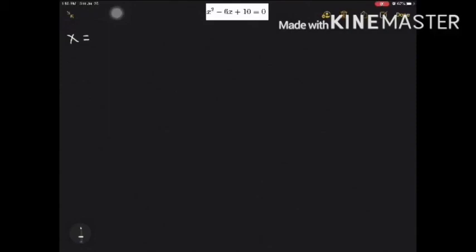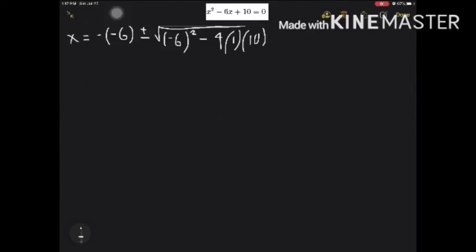So negative b is our negative 6, plus minus the square root of negative 6 squared, since negative 6 is our b, minus 4, our a is 1 and our c is 10, over 2, and our a is 1.